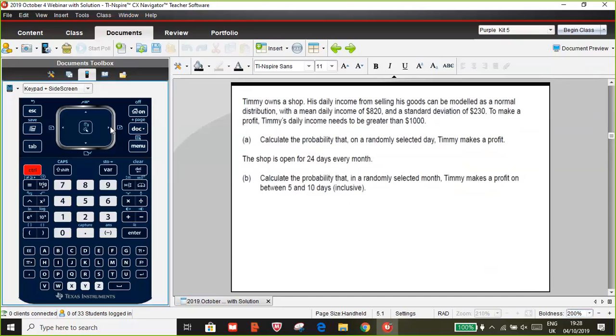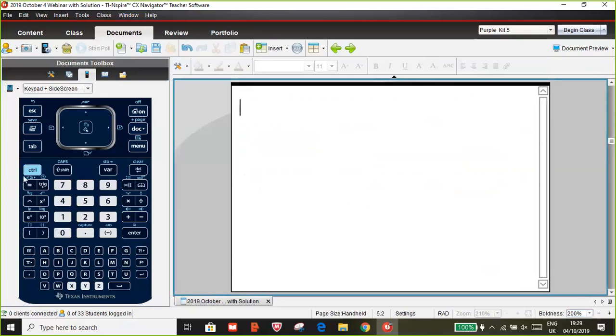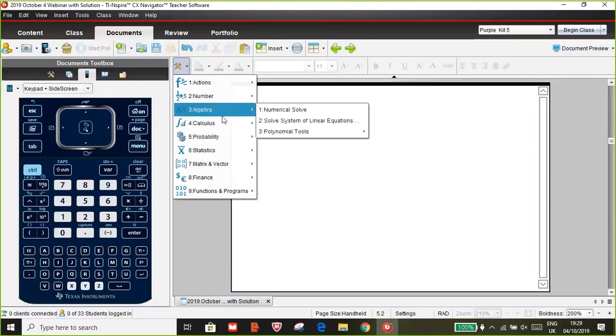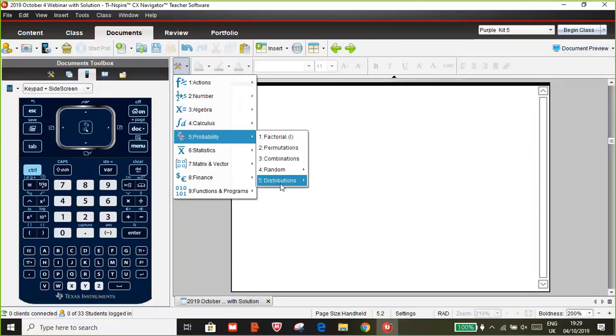I'll use a normal CDF, under distributions, normal CDF.